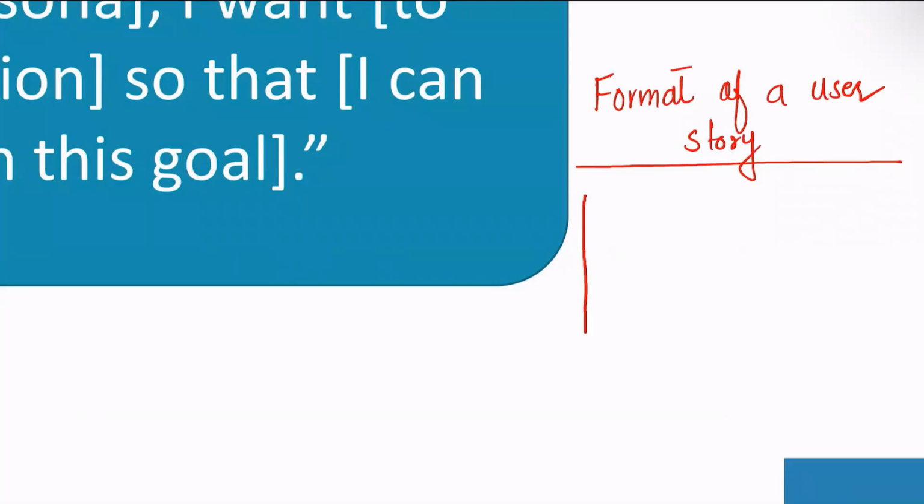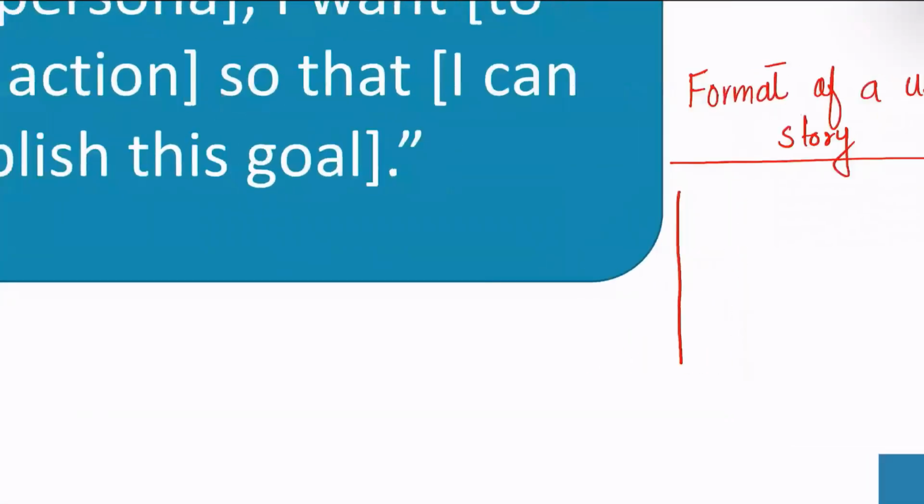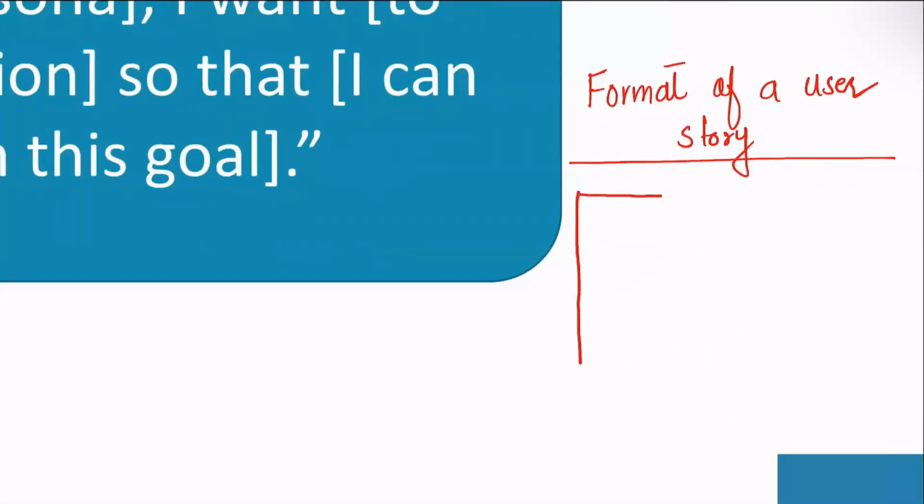Traditionally, we used to write it down on a 3 by 5 inches index card like this. And there are 3 elements in a format of a user story.